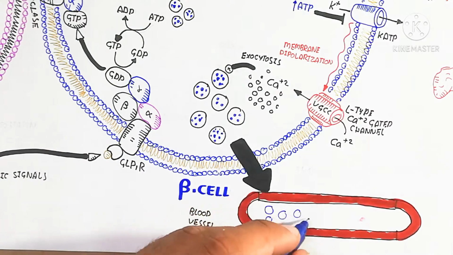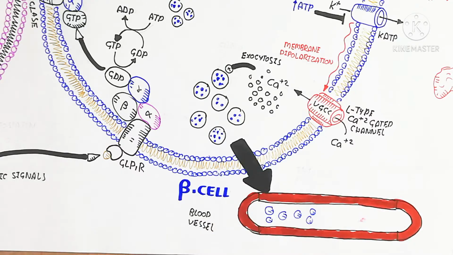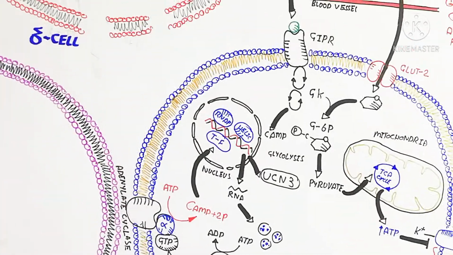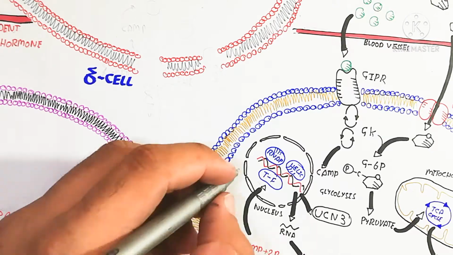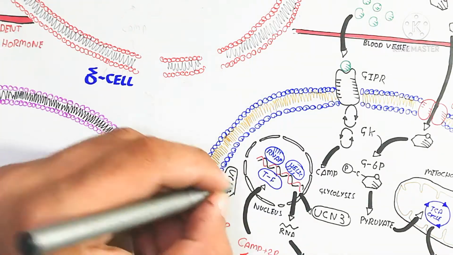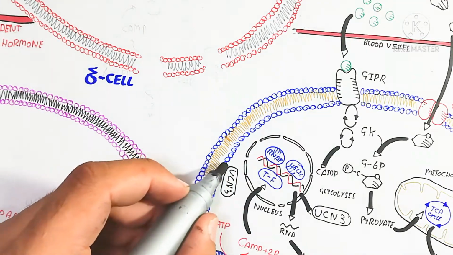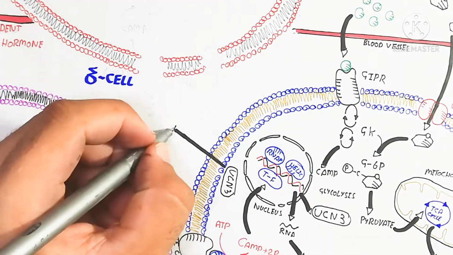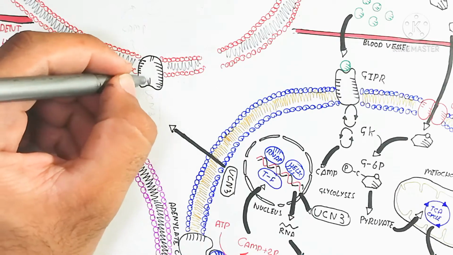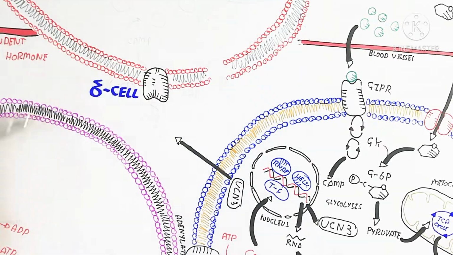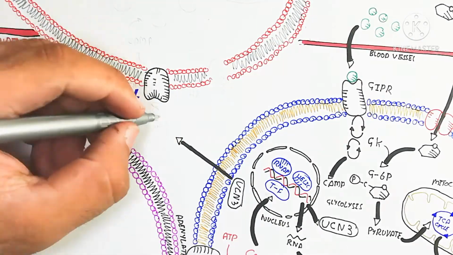So here the insulin will go into the bloodstream. When it goes into the bloodstream, it allows sugar to move, facilitating sugar into the muscle cell or liver cell. So here is the delta cell which contains a CRH2 receptor.